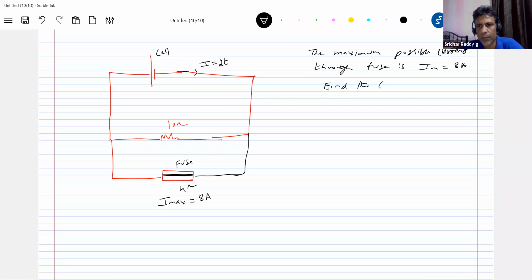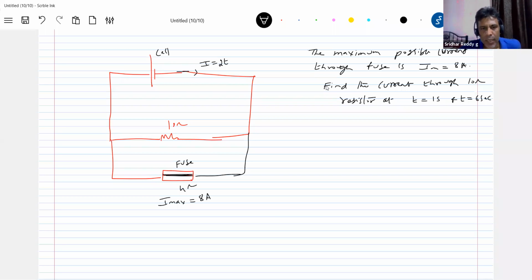It's telling us to find the current through the 10 ohm resistor at t equal to 1 second and t equal to 6 seconds. He is not saying there's a maximum permitted current through the fuse.